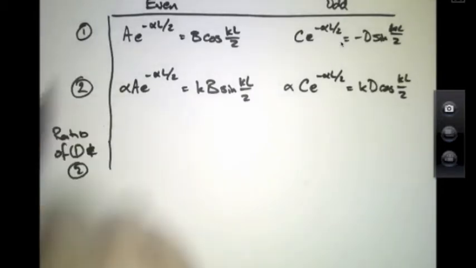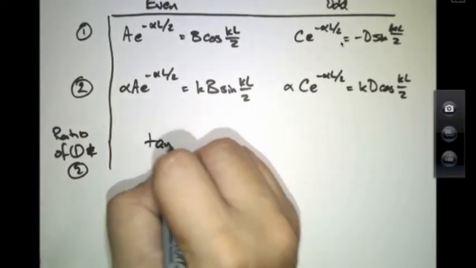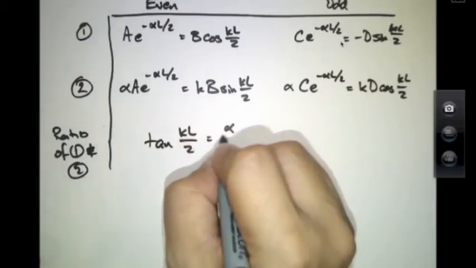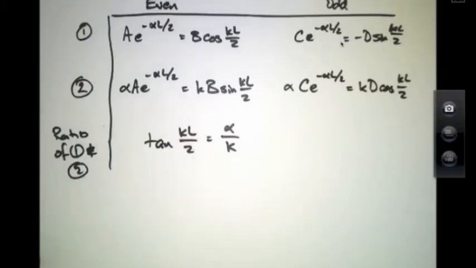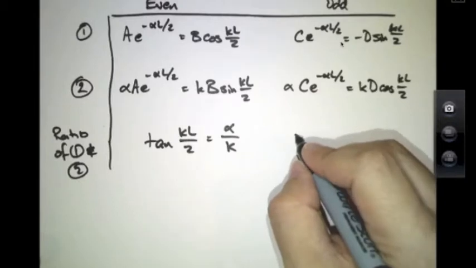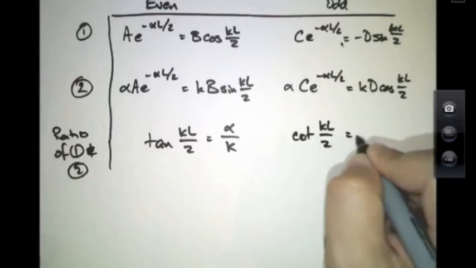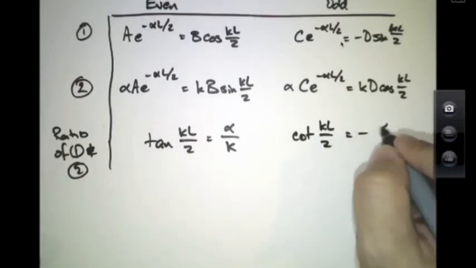If I take the ratio of these two expressions, 1 and 2, this gives me tangent of KL over 2 is equal to alpha over k. On this side, the odds gives me cotangent KL over 2 equals minus alpha over k.